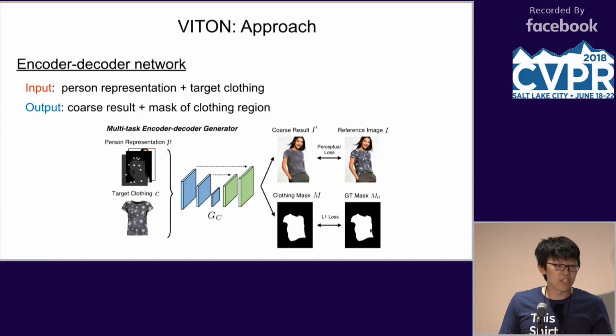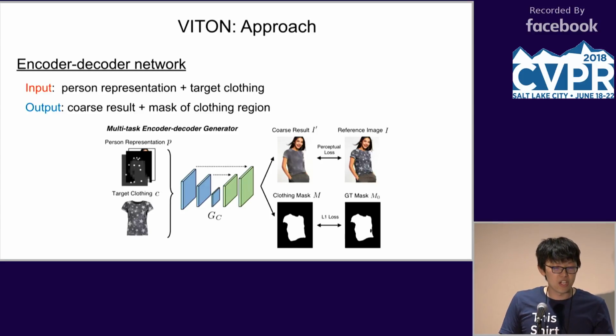In the encoder-decoder network, the input is the person representation together with the target clothing. We use a classic encoder-decoder model, and it outputs a coarse virtual try-on result, and also a mask of the clothing that tells which pixels should correspond to the generated clothing.